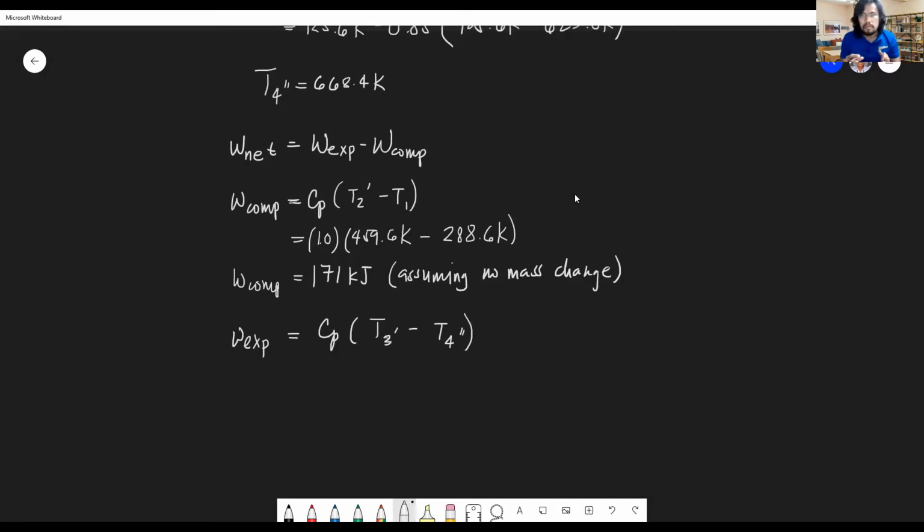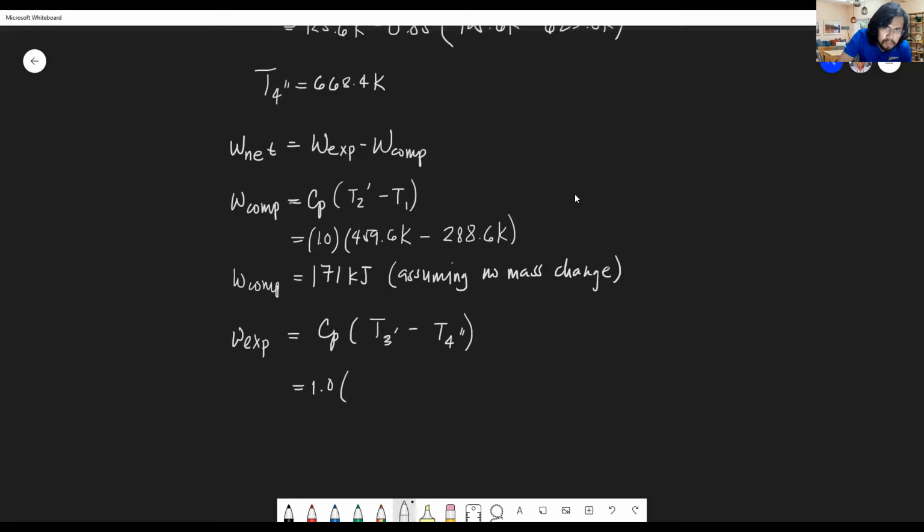We move it to the other side, I mean we take the absolute value of that, and that's why we have T3 prime minus T4 double prime.